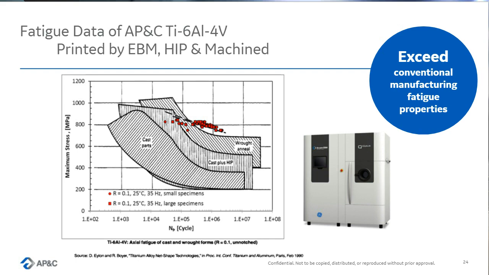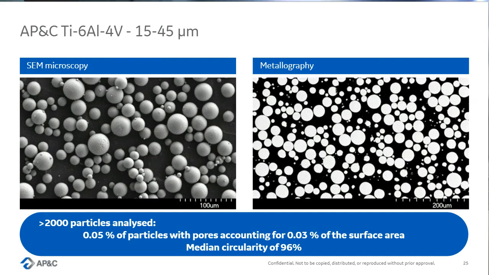So lowering the argon content in the powder, the porosity in the powder, helps to meet, as we will show here, very good fatigue properties that are comparable to or even exceed wrought or cast parts. How do we measure porosity? That's a bit more tricky because we're talking about very, very low amounts.